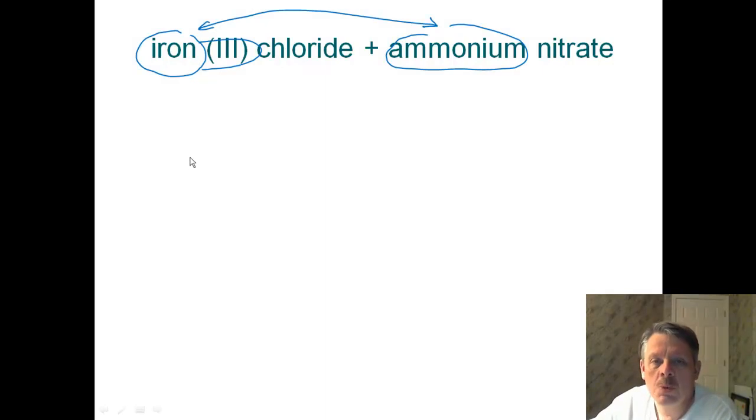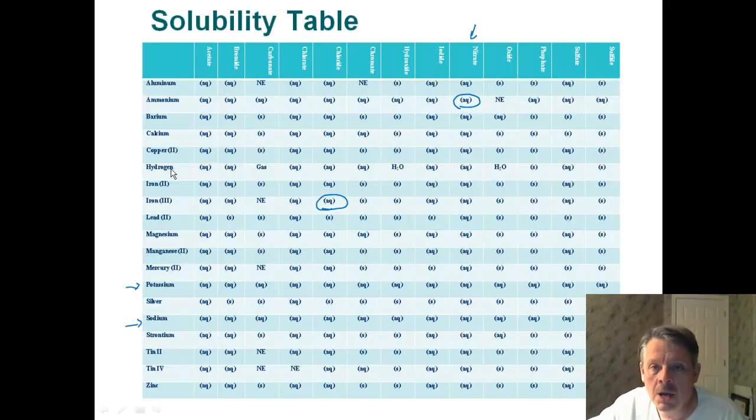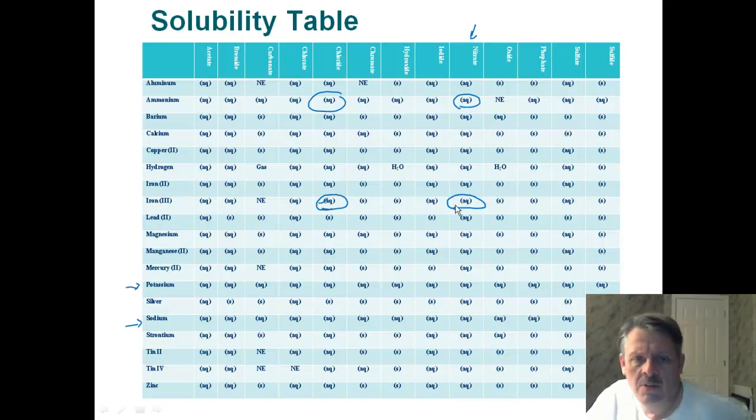So what are we producing? Well, we're producing ammonium chloride and iron nitrate. Ammonium chloride is up here and it's aqueous, and iron 3 nitrate is aqueous. Oh, everything is aqueous.